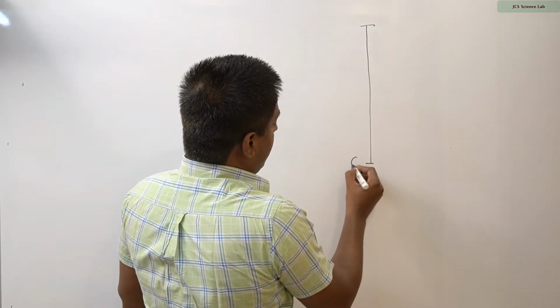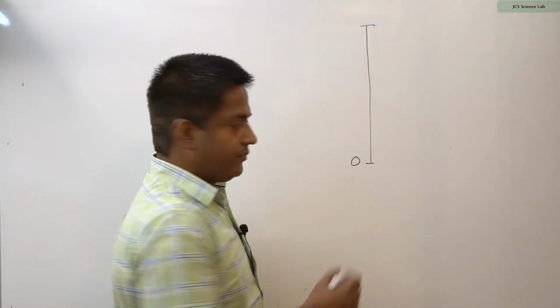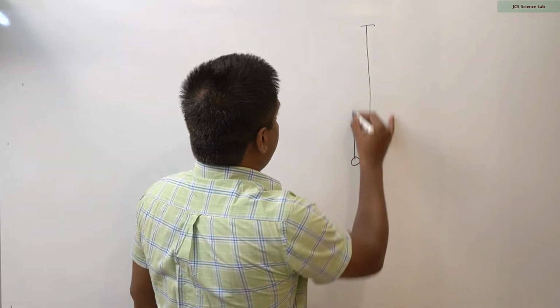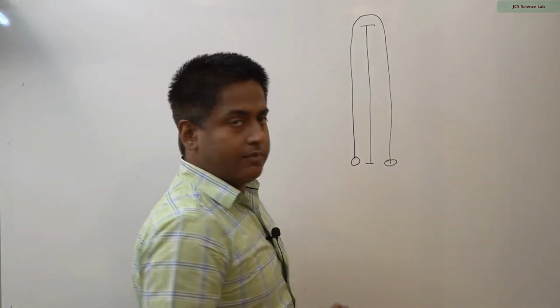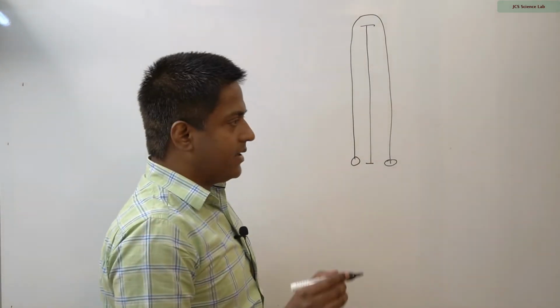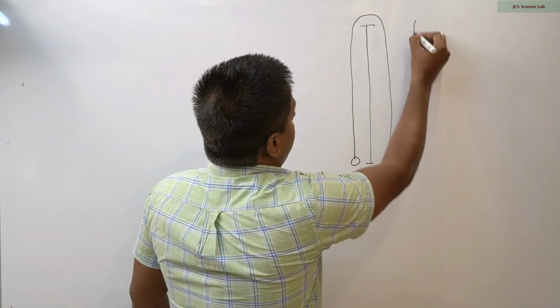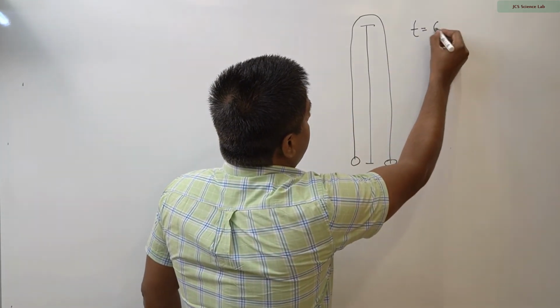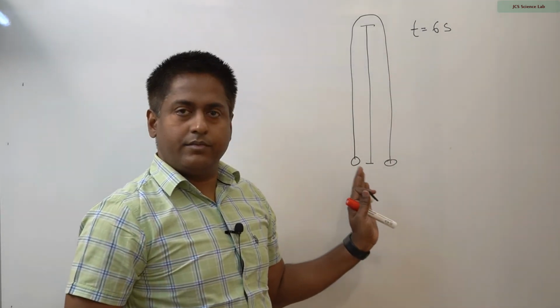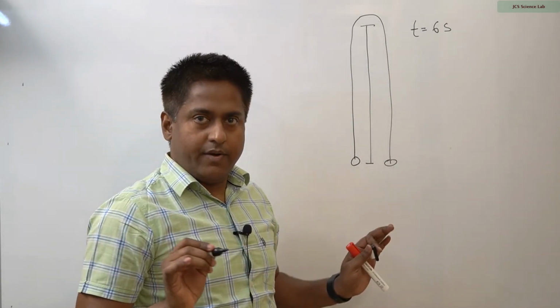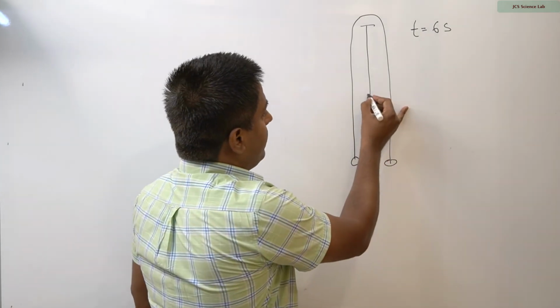An object is thrown vertically upward, and then it comes back to the hands of the thrower. Nothing is given. Just one thing is given, that it takes 6 seconds for the entire journey, and no height is given.